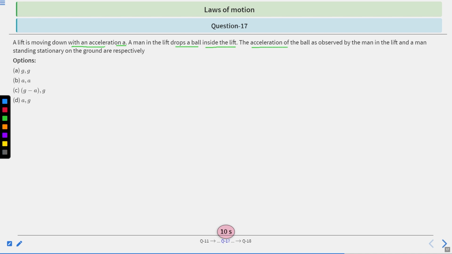The acceleration of the ball, as observed by the man in the lift and a man standing stationary on the ground, are respectively. Read the question carefully. Options: C is g minus a, g; or a, g. Which one is correct? You have 10 seconds to solve this question. After that, we will provide the solution.